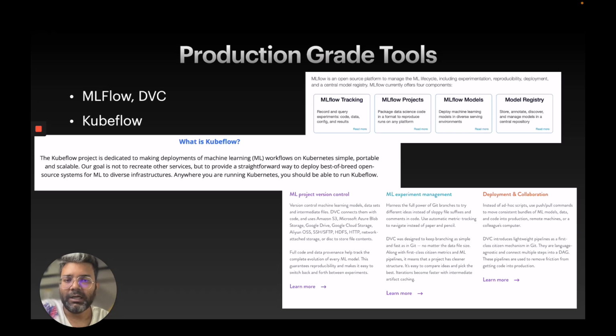The other very good tool for the same purpose is DVC, which is on the bottom right corner of the screen. If you compare DVC with MLflow, you will see that a lot of features are very similar. They both are trying to cater to the same set of problems in slightly different ways. And again, for an individual or even for a team use case, MLflow or DVC, any of them would work really well.